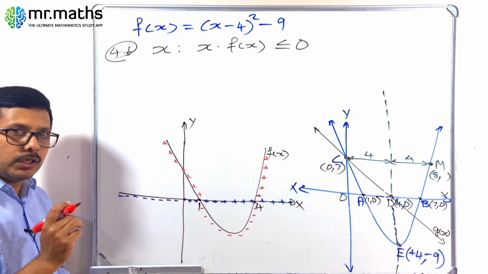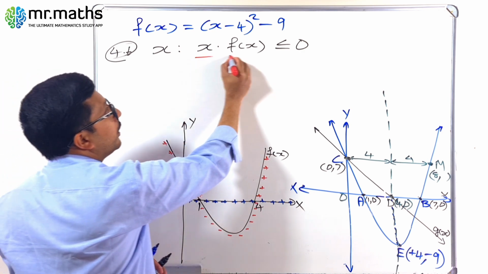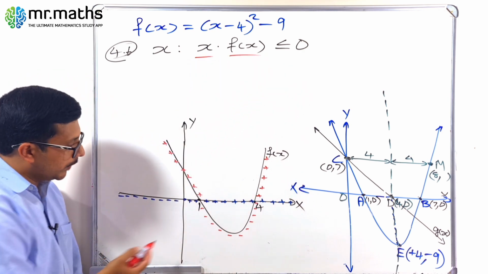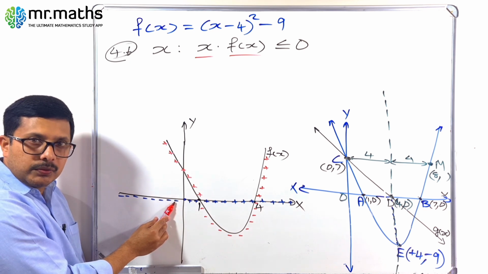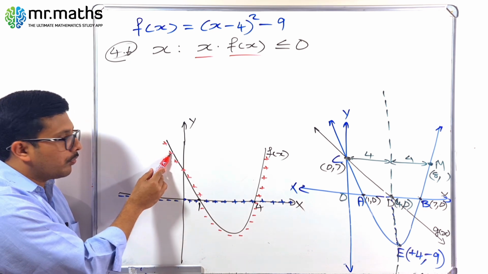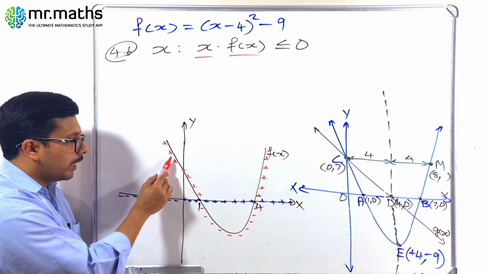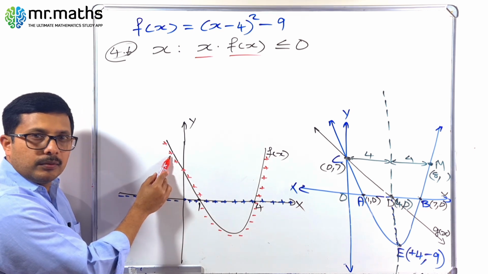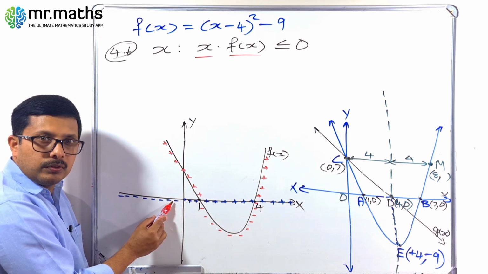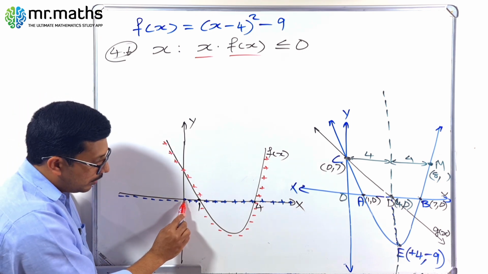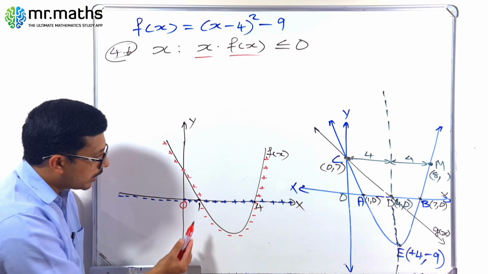Now listen very carefully. Which two terms are multiplied? X and f of x. So tell me, what is x here? Negative. What is f of x here? Positive. That means if you multiply x and f of x, positive into negative, that is negative. Am I right? From this 0, after 0, what is happening?